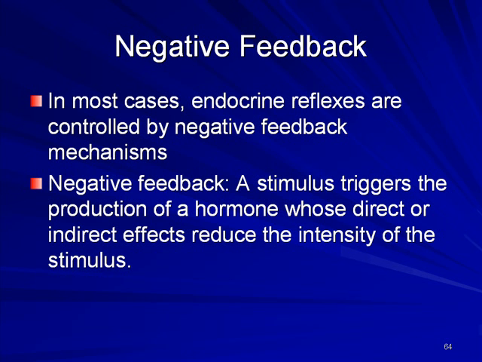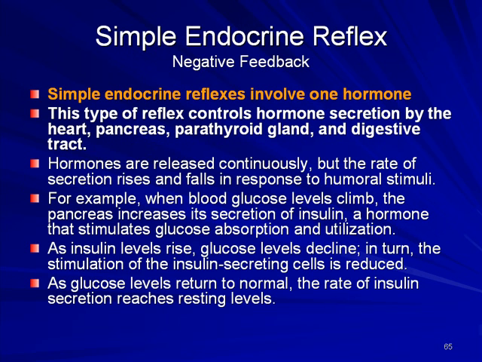The hormone is produced and goes out in the bloodstream, and when a certain level is reached, that hormone actually comes back and turns off the stimulus that causes secretion. When the hormone levels begin to fall, it decreases the inhibition at the start of the system, and so more hormone starts to be secreted. This negative feedback mechanism helps to maintain homeostasis.